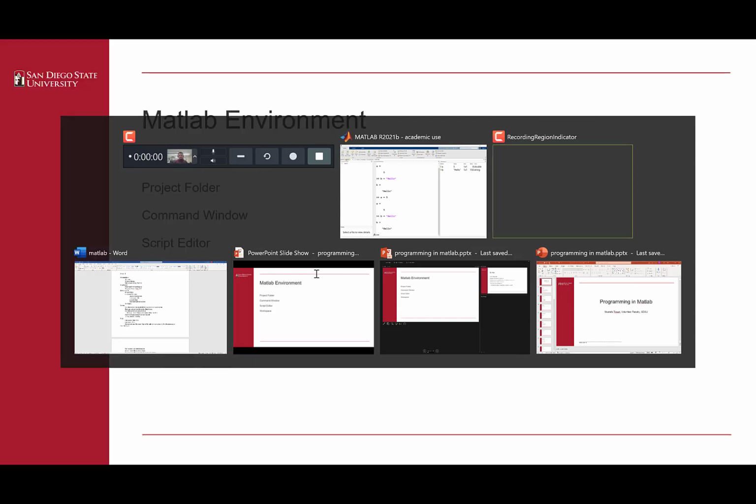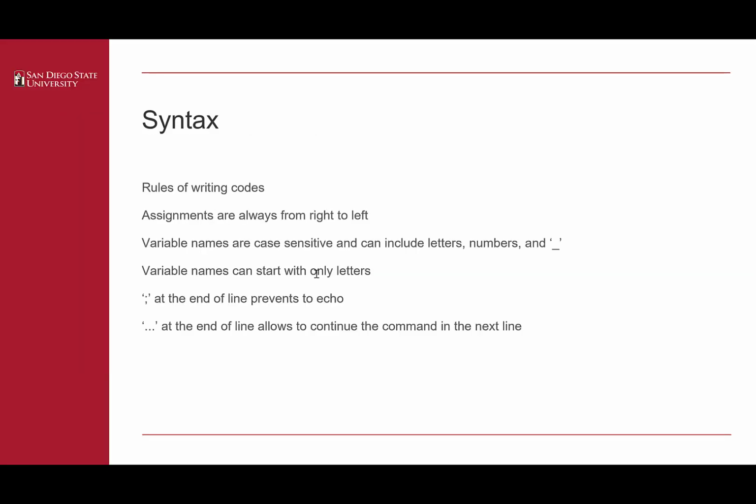Let's go to the PowerPoint. Each programming language has a specific syntax. What is syntax? A syntax is a group of rules for writing code. And in Matlab, the assignments are always from right to left. Let's see.